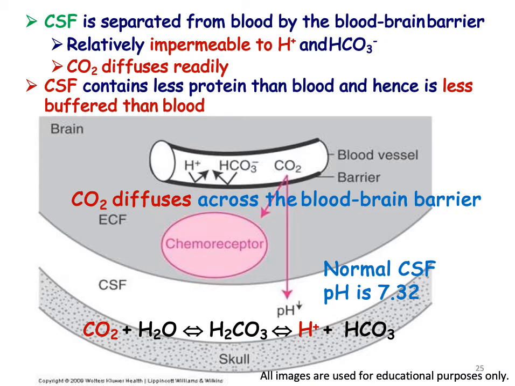Once the carbon dioxide is in the CSF, it will form carbonic acid, and dissociation then produces the hydrogen ion. The increase in carbon dioxide will lead to an increase in hydrogen ion in the CSF, and the pH in the CSF will decrease.